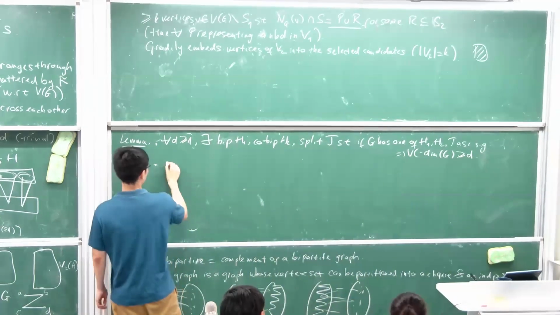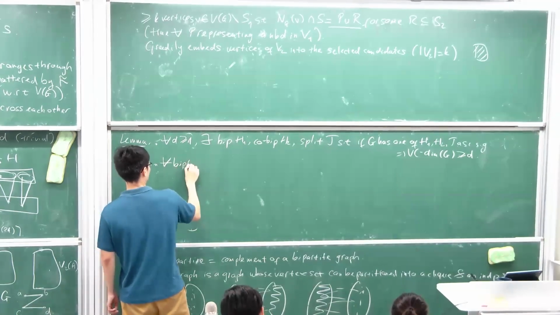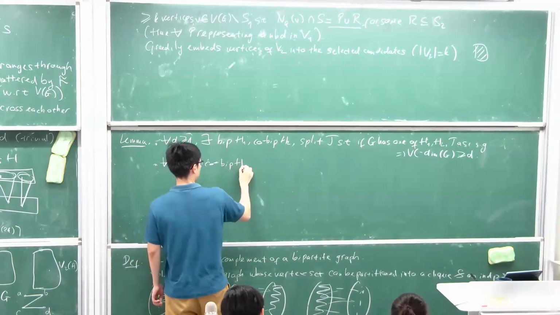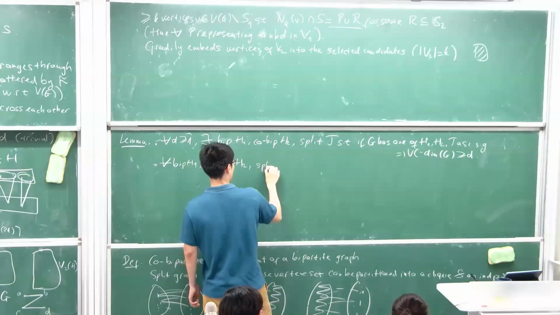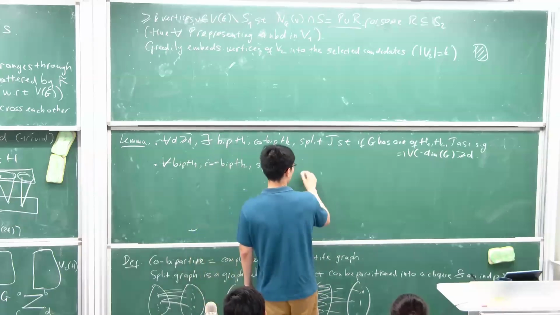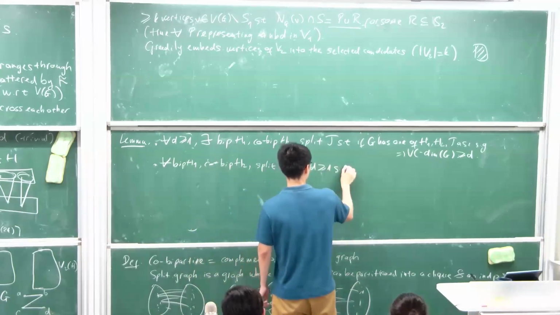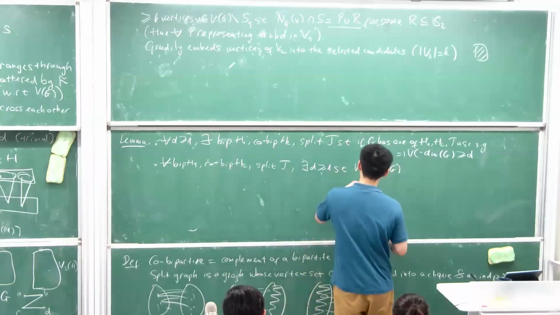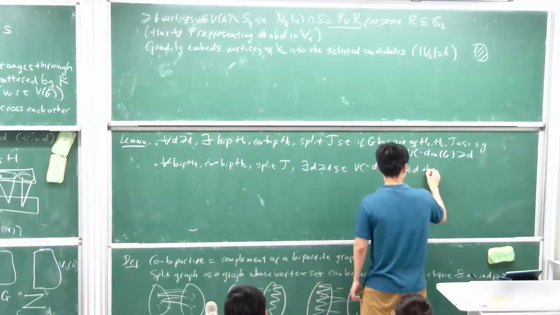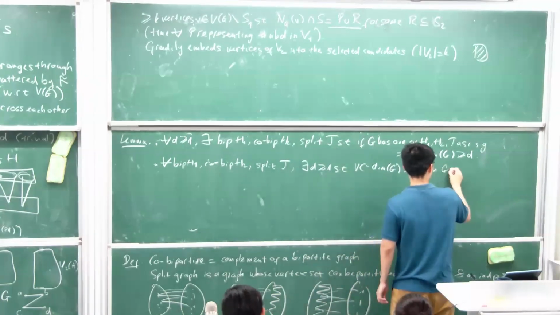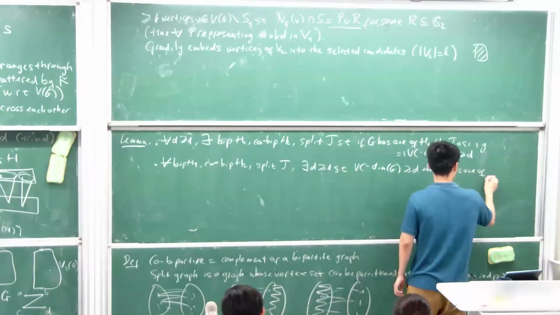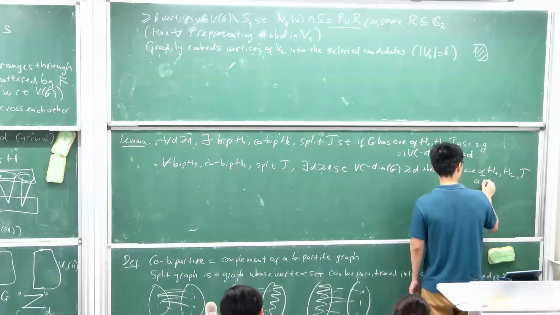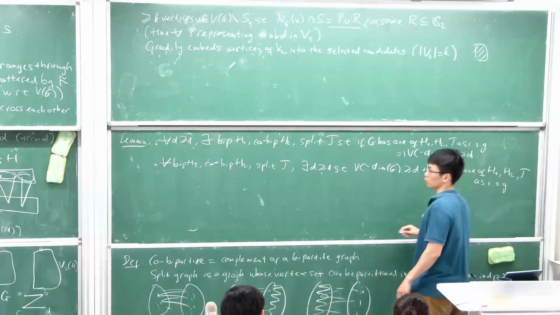The second is: for every d, there is a bipartite H1, a co-bipartite H2, and a split graph J such that if the VC dimension of G is at least d, then G has one of H1, H2, and J as an induced subgraph.